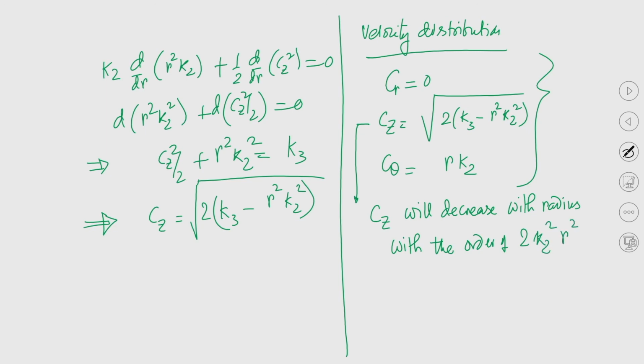With this order of magnitude, Cz will decrease with the radius. And what about C theta? You can understand, C theta will increase with radius, and that is what we have seen.